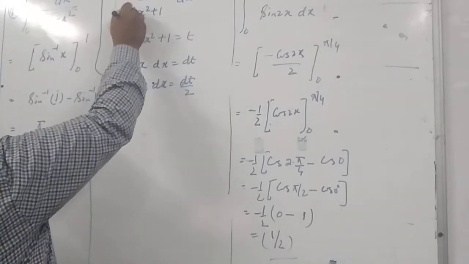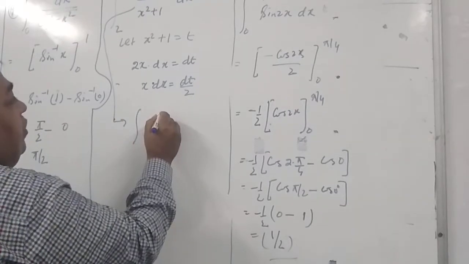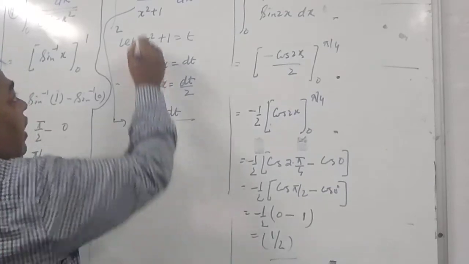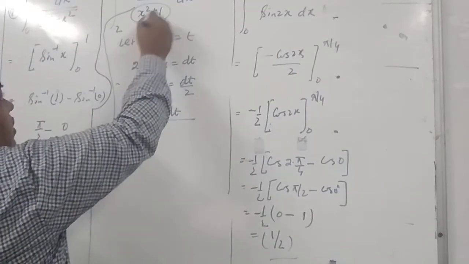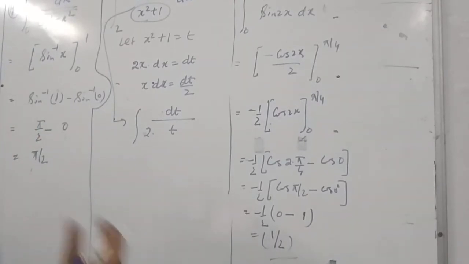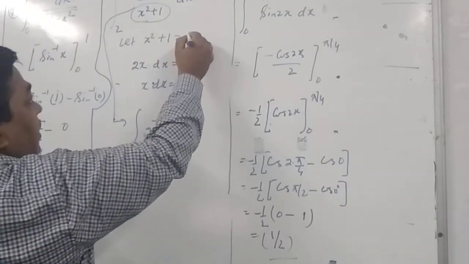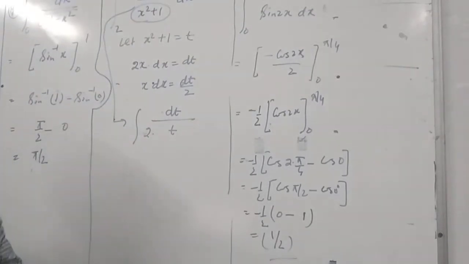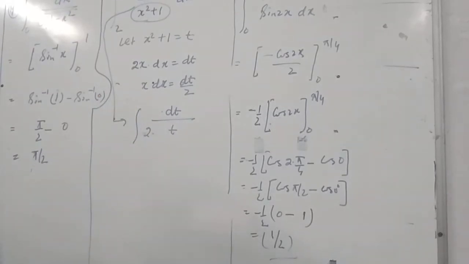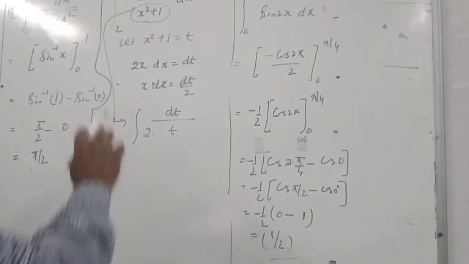So now there will be a conversion here. x dx will become dt by 2, and x square plus 1 is t. And also, when we change x to a new function t, the limits will also change, because the basic limits 2 to 3 are based on x.